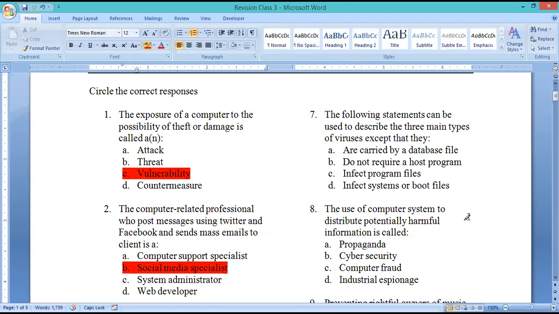A. Are carried by a database file. Why do you say that? The rest of them could be the answer. Why do you say A, Samantha?